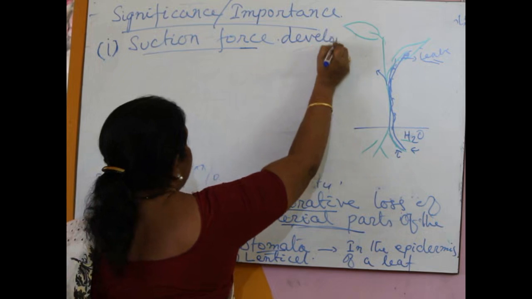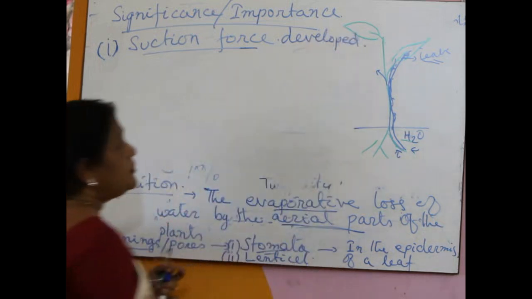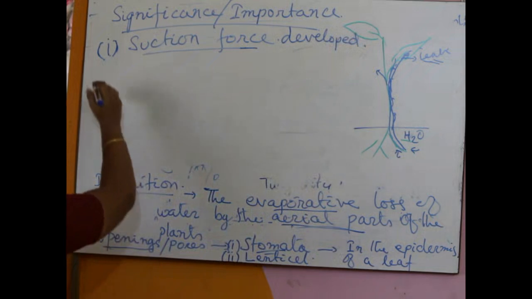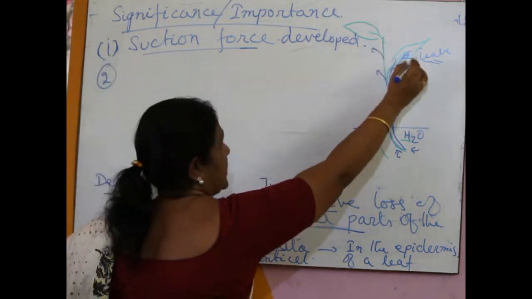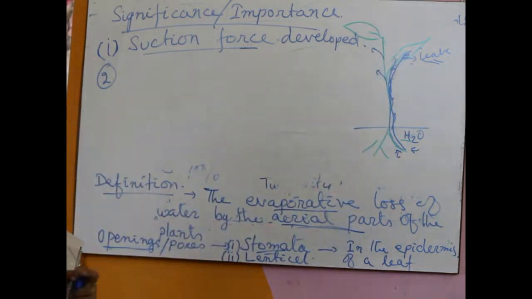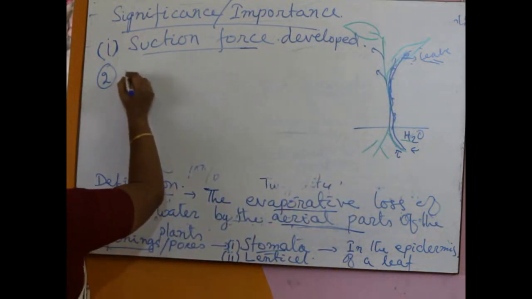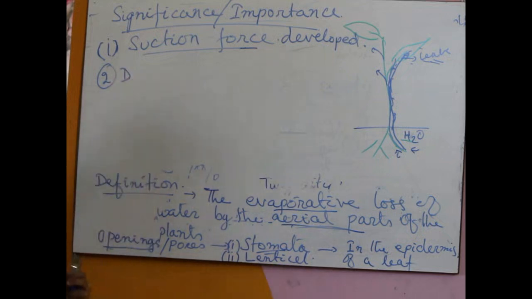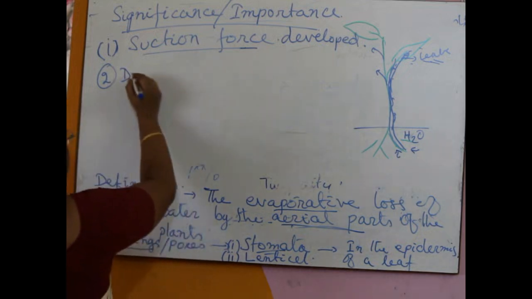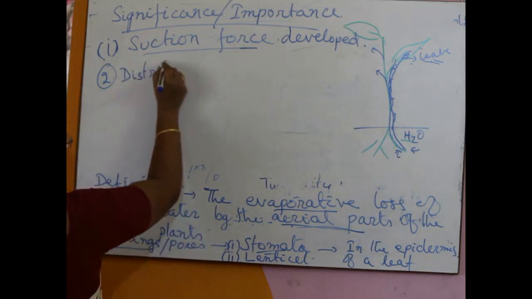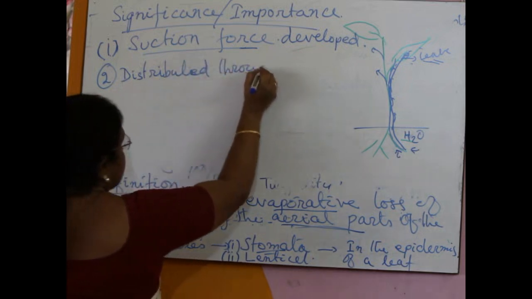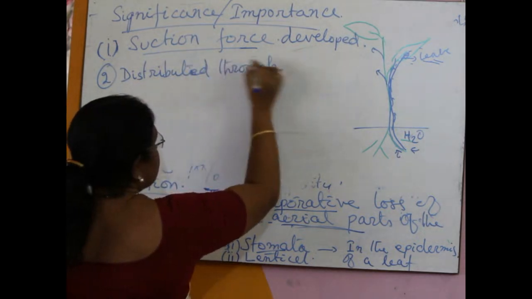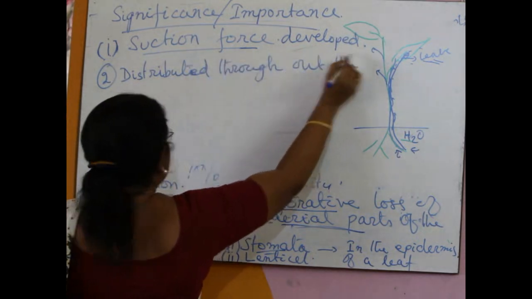And we call it the transpiration pull, right? Secondly, the water due to transpiration is distributed evenly throughout the plant body. Hence, a distribution of water, right? Water is distributed throughout the plant body, right?